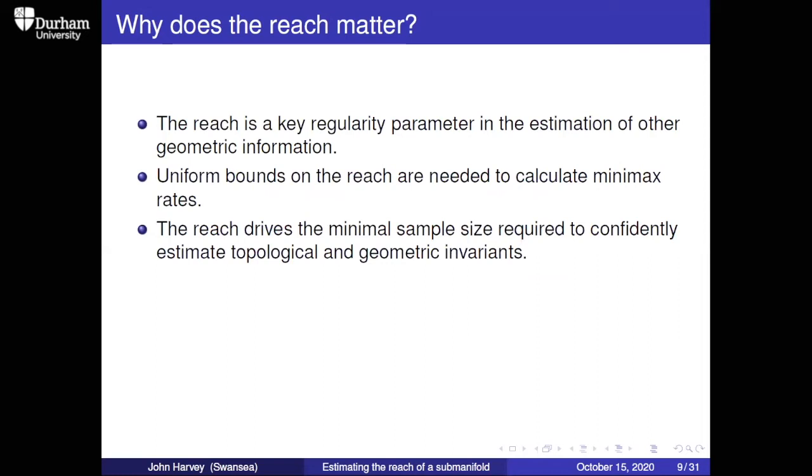For how well you can estimate the homology, for how well you can estimate the topology of the manifold, the location of the manifold, anything. So what that means, sort of similarly, is you could say in a low reach situation, then you're going to need a very large sample size if you're going to be able to carry out the estimation.